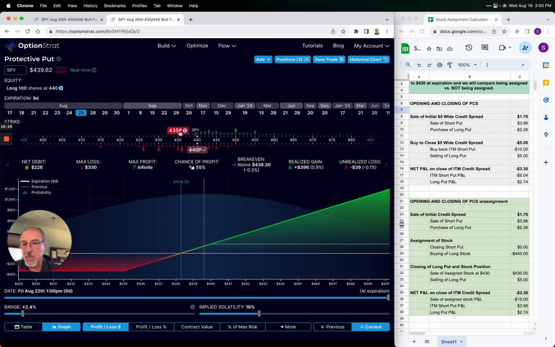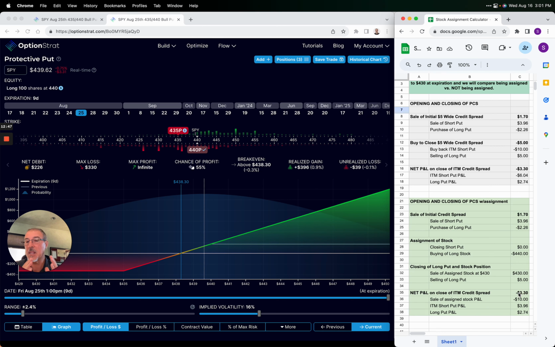However, this position is going to gain $3,500 because it's a 435 put. If the market went all the way down to 430, this is going to gain $3,500. Of course, the difference between that being the same $5 cost to close. But again, we sold this whole spread initially for $1.70, which circles us back to the same loss of $330.